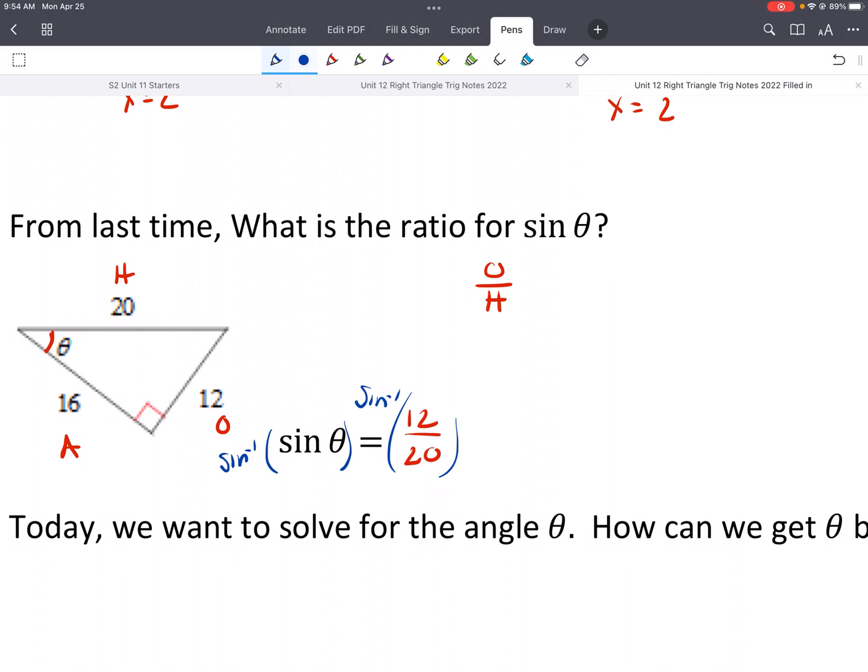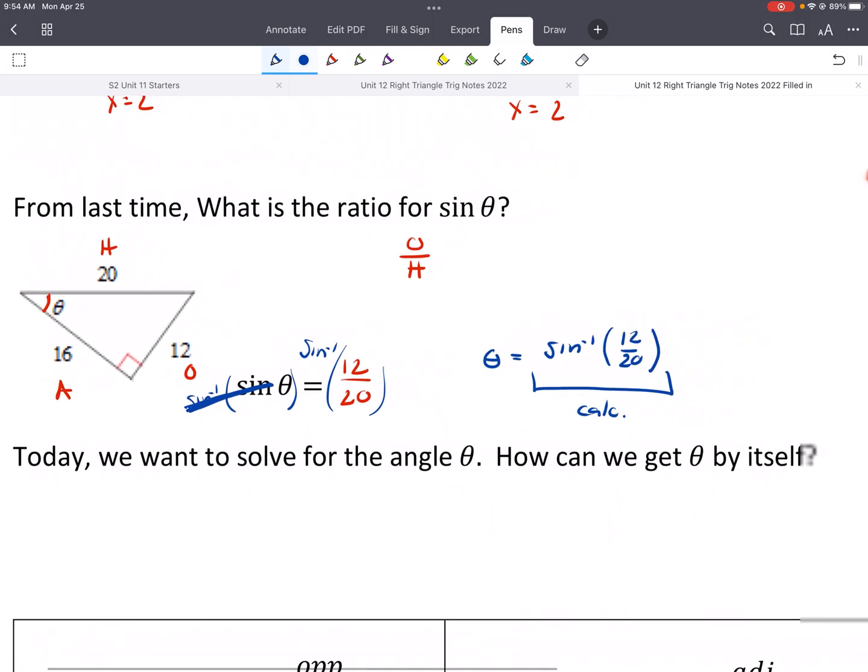If you want to get theta by itself, you'll do sine inverse of both sides, and then the sine inverse and the sine will cancel out. So then we'll have theta equals sine inverse of 12 over 20. So you'll type this part into your calculator. This you have to do using a calculator. You can't do it by hand, okay? So bring your calculator, borrow one of mine, okay?